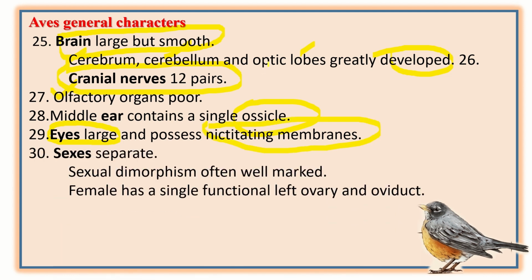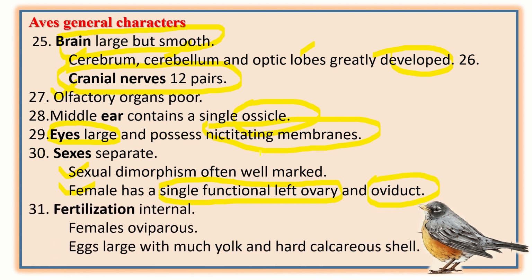Sexes are separate. Sexual dimorphism is often well marked. Female has a single functional ovary and oviduct. Fertilization is internal. Female is oviparous. Eggs are large with much yolk and covered by a hard calcareous shell.